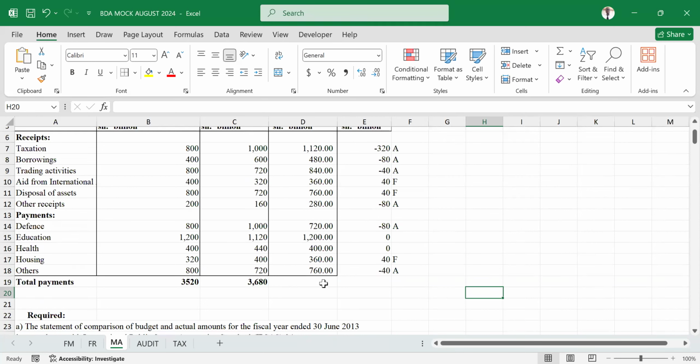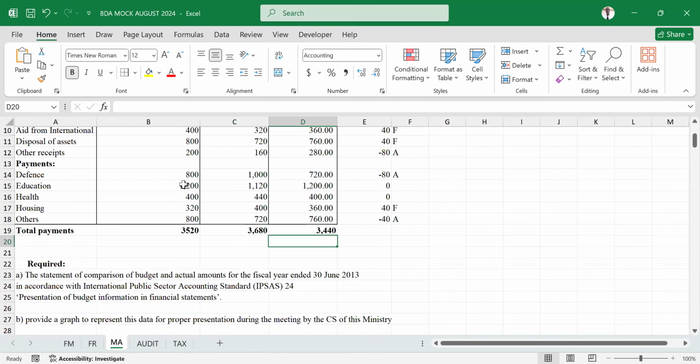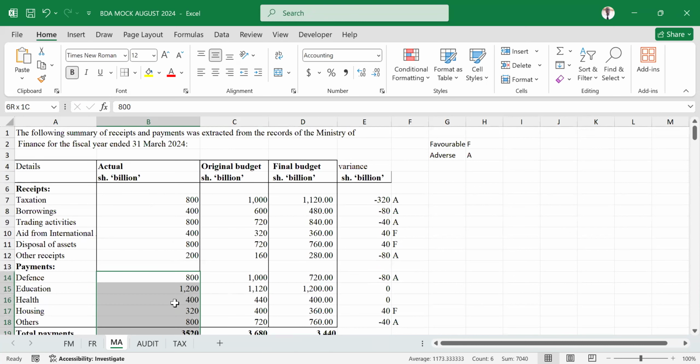So we've just added all the payments for the actual, the original, and then the final. We've not touched on the receipts part.